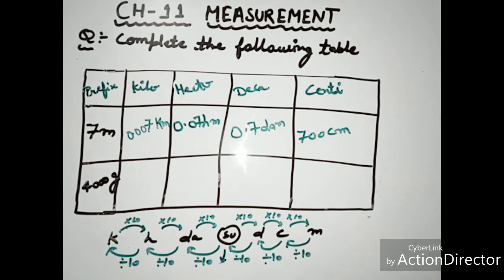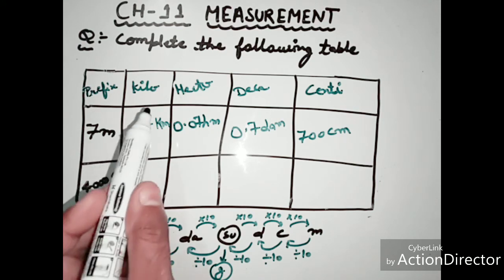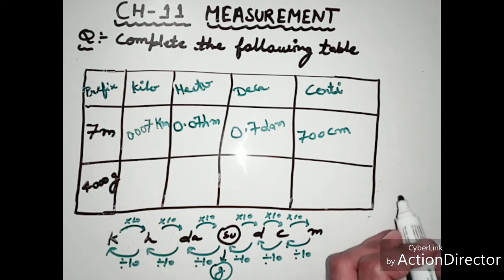Now students, here we take standard unit gram. So the all prefix take with gram, kilogram, hectogram, decagram, gram, decigram, centigram and milligram. Now 4000 gram convert into kilogram. So first we check how many kilogram in 1 gram.